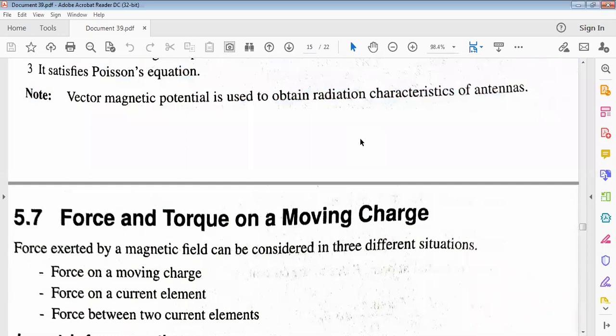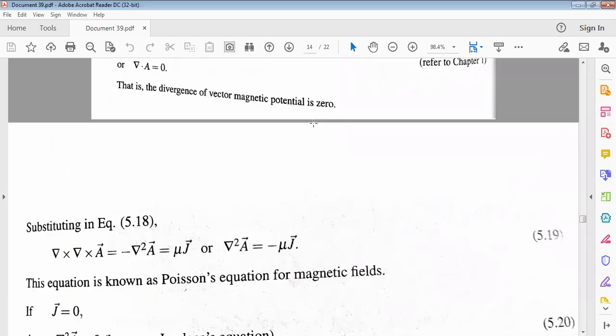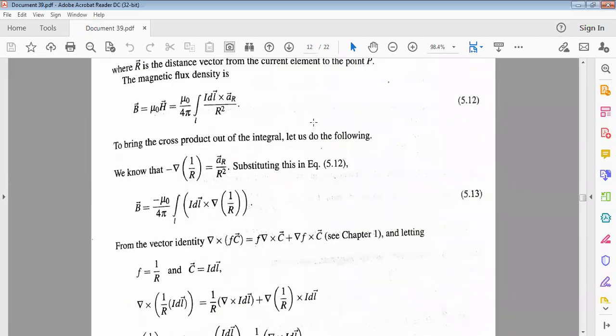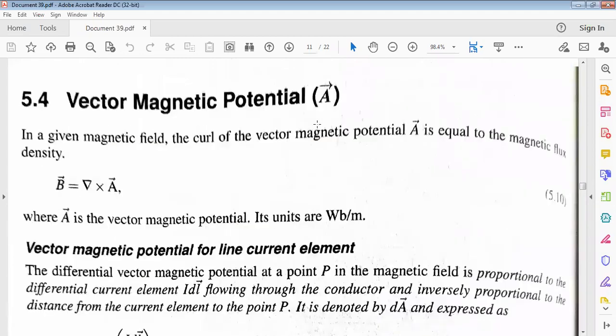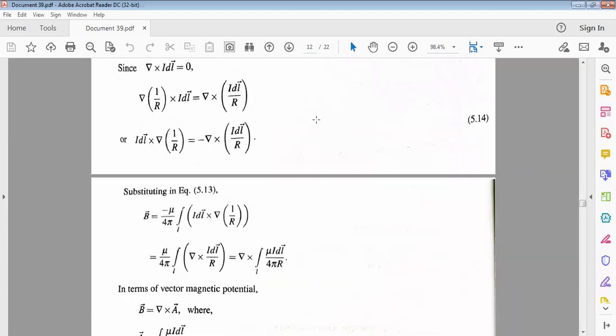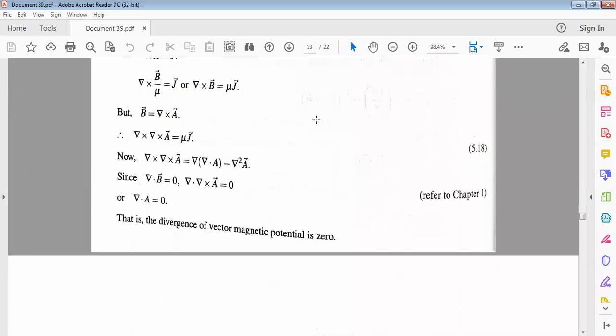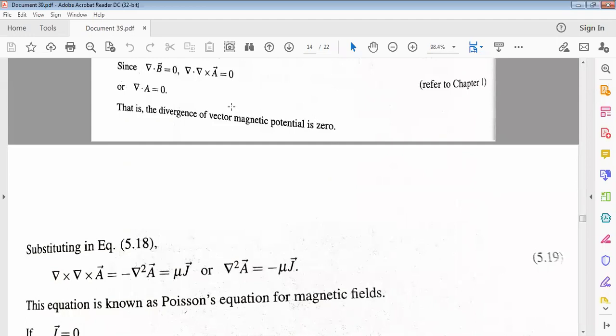It's all about vector magnetic potential. This is very important, and all of you please go through this. So far we covered two topics: scalar magnetic potential and vector magnetic potential. The scalar magnetic potential is not that important, whereas the vector magnetic potential is very important.